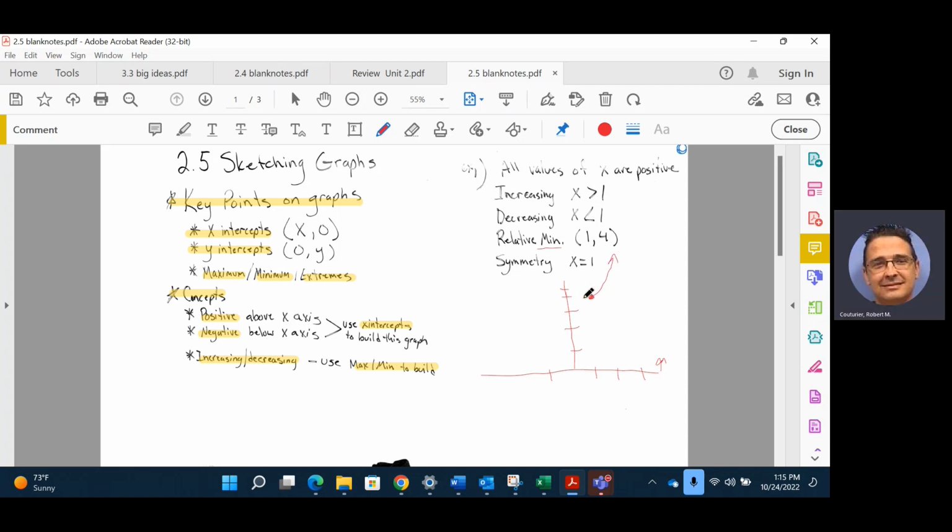And any number that's less than 1, so less than 1 this way, is going to be decreasing. All right, so think about this graph, right? You're coming down, coming down, decreasing, decreasing, decreasing, and then suddenly there's a change, and now we're going up again.